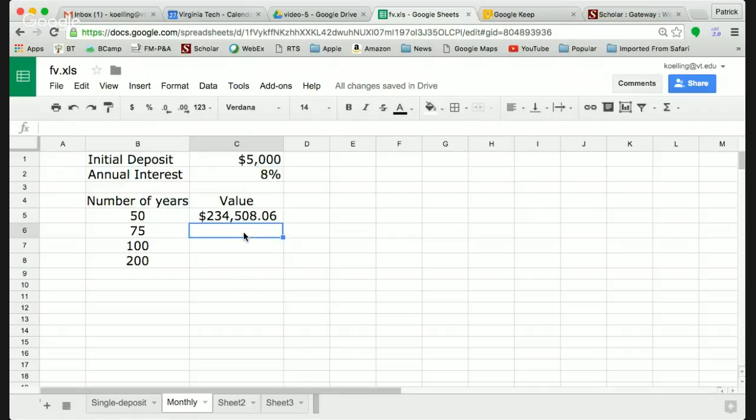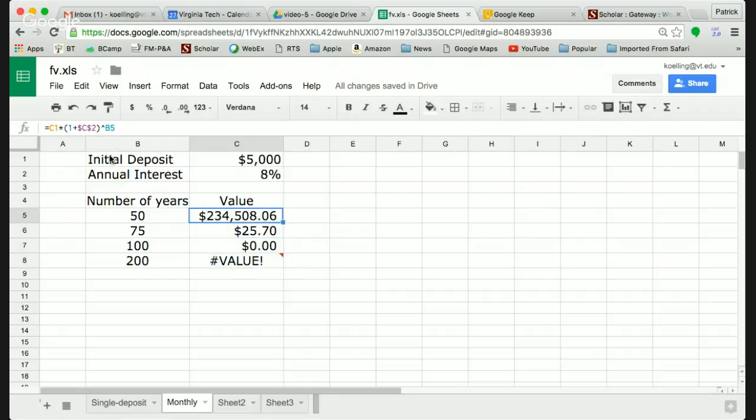We could do that for 75 years, and 100 years, and 200 years. And here's a little tip on absolute cell addresses. I'm going to put a $ sign in front of the C and a $ sign in front of the 2, so that the reference to cell C2 doesn't change as I drag my formula down. And you can see what the values of those are in the future. And I've made a mistake.